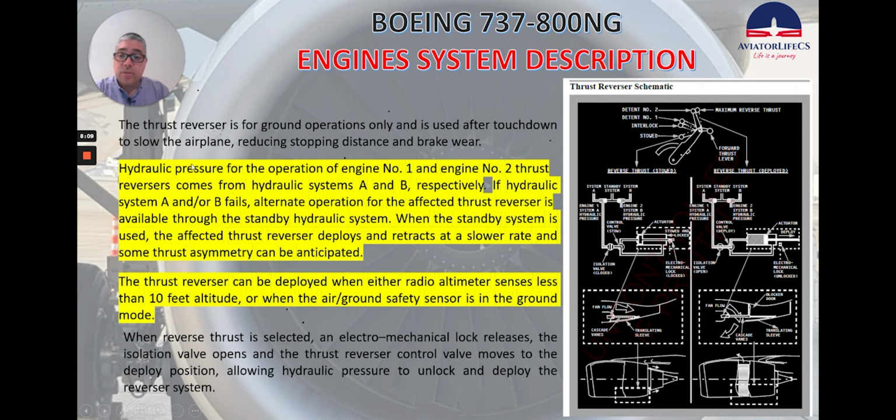Now, if we go to the thrust reverser system, it is for ground operations only and is used after touchdown to slow the airplane, reducing stopping distance and brake wear.